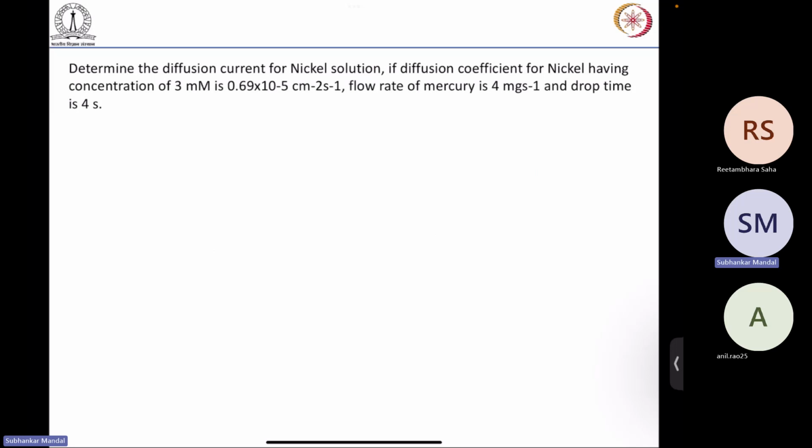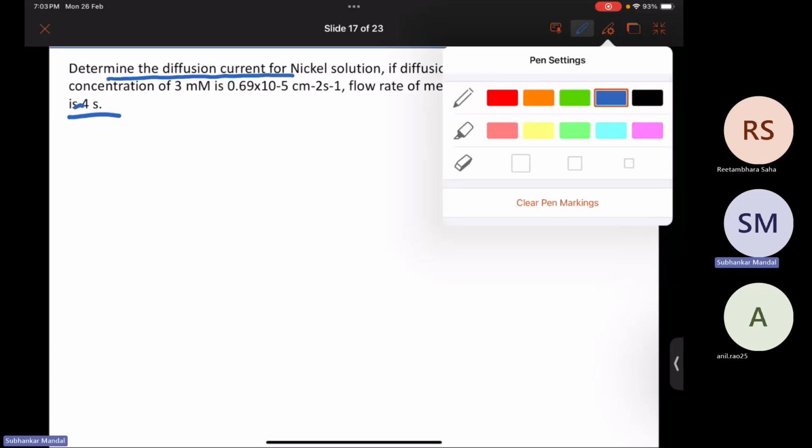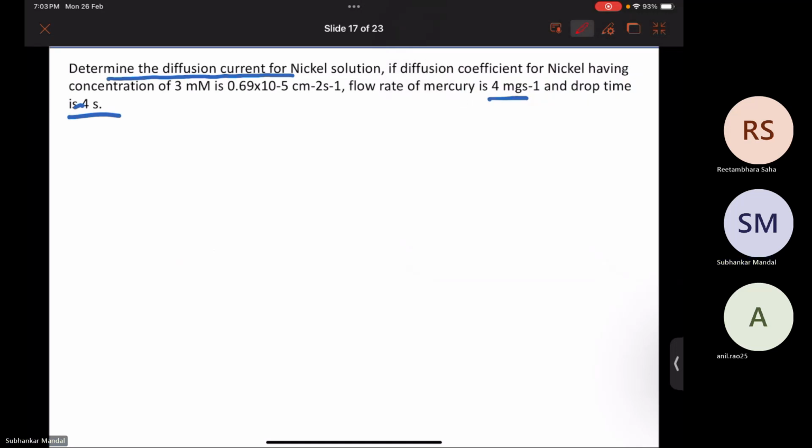The flow rate of mercury is 3 mg per second, and the drop time is given. So what is the diffusion current? Which equation do we have to use from this? Can anyone tell how we can proceed with this problem? It is quite easy.